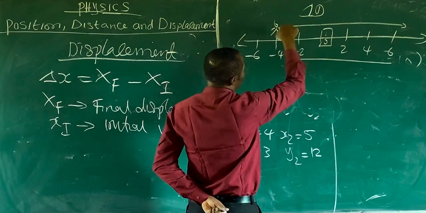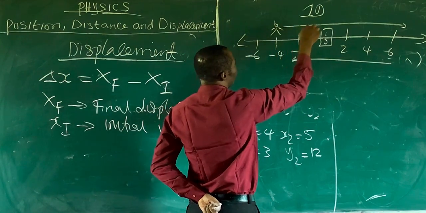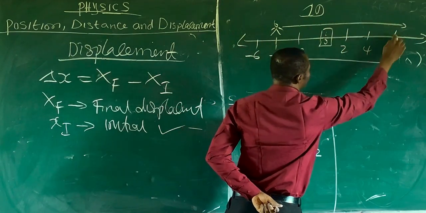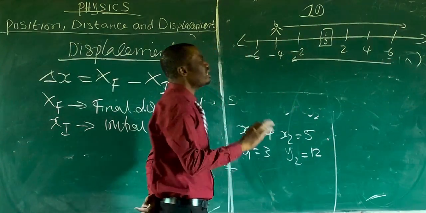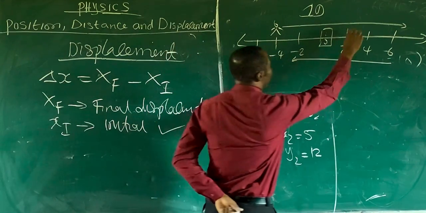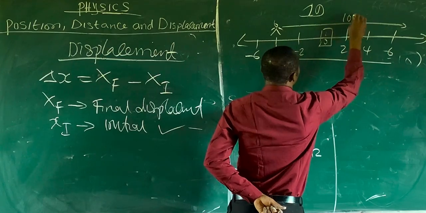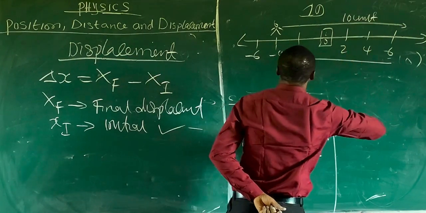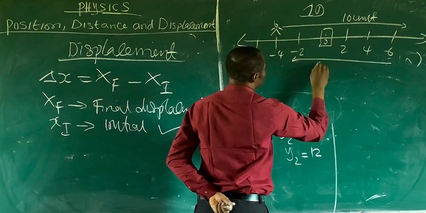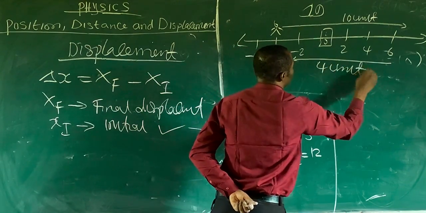This is 1, 2, 3, 4, 5, 6, 7, 8, 9, 10. He walked 10 units to the right. Now this guy walked 1, 2, 3, 4, 4 units to the left.